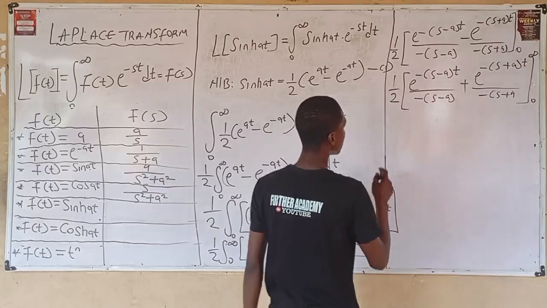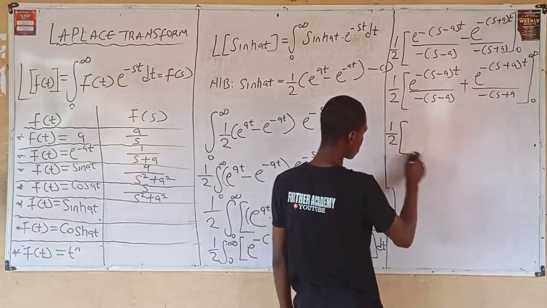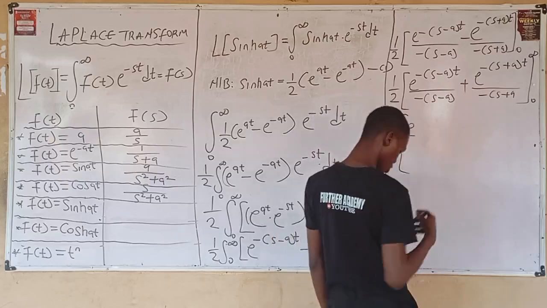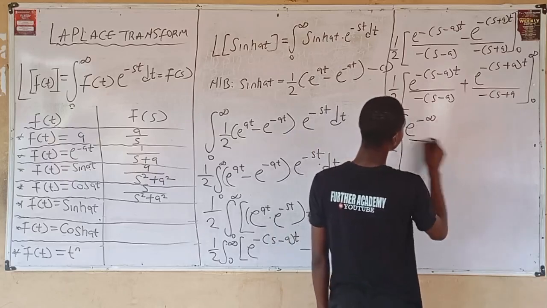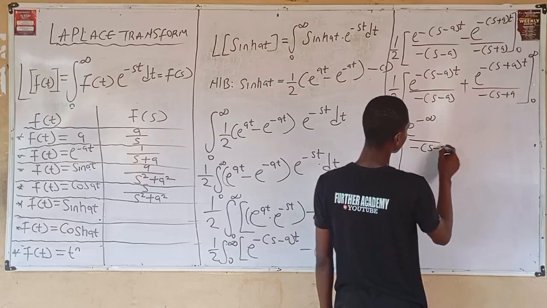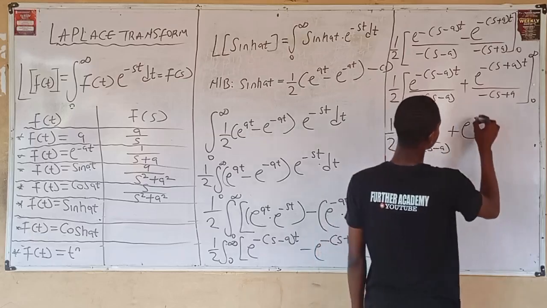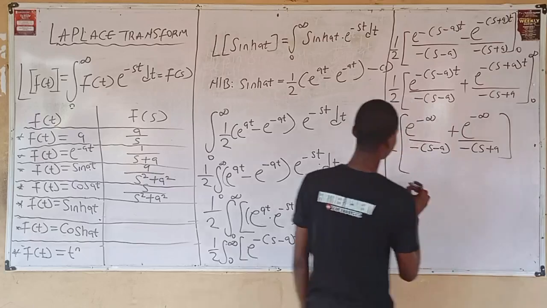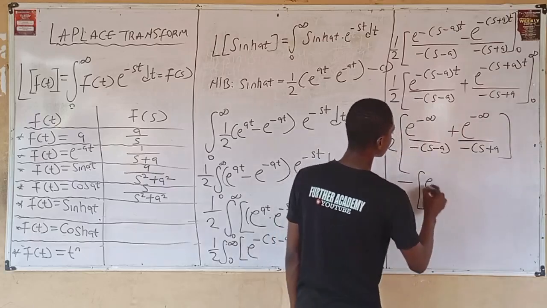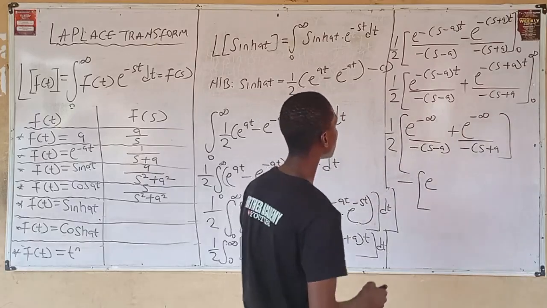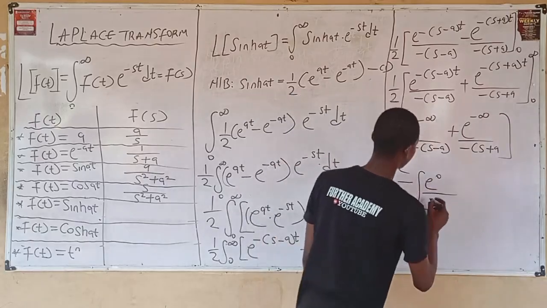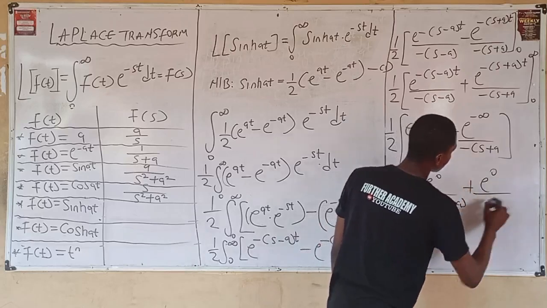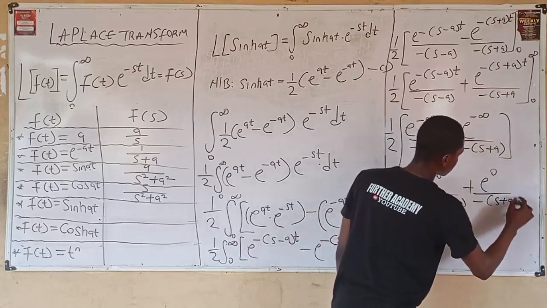So by doing that, we then have 1 over 2a, all into bracket, exponential negative infinity all divided by negative, all into bracket (s minus a), plus exponential negative infinity all divided by this, minus, all into bracket, exponential to the power of 0 all divided by negative, all into bracket (s minus a), plus this all divided by (s plus a).